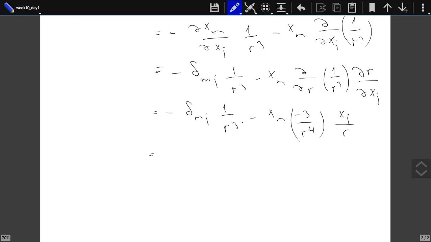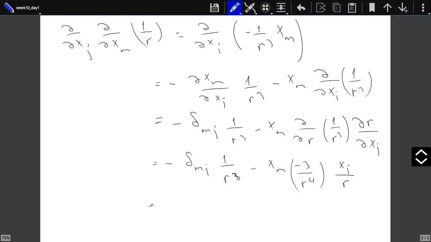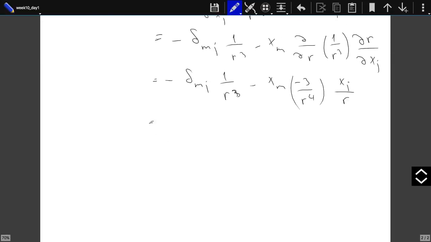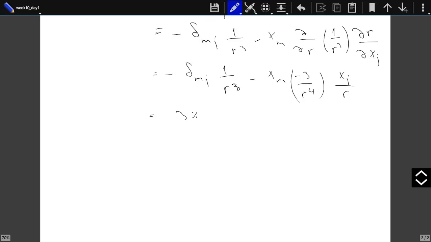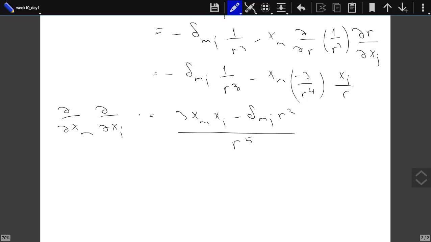And then I have the result, let's see, this is r. This is (3 x_m x_j minus Kronecker delta m j r squared) divided by r to the 5. Of course, this is true if r is different than 0. If r is 0, I cannot just take the derivatives.